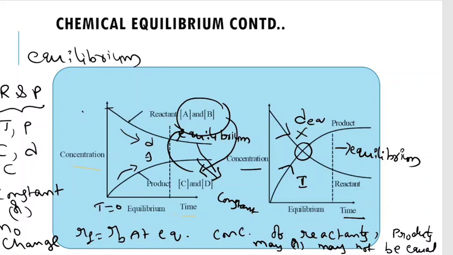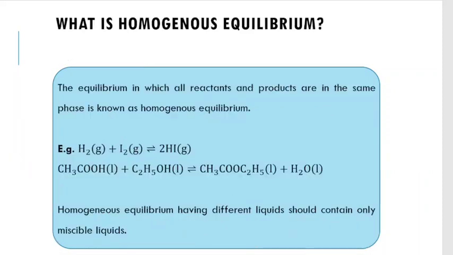And this particular equilibrium you can expect even in physical processes, which is called physical equilibrium, that we are going to discuss anyhow. And we already know about homogeneous reactions and heterogeneous reactions, right? So accordingly, there are two types of equilibrium. One is homogeneous equilibrium.